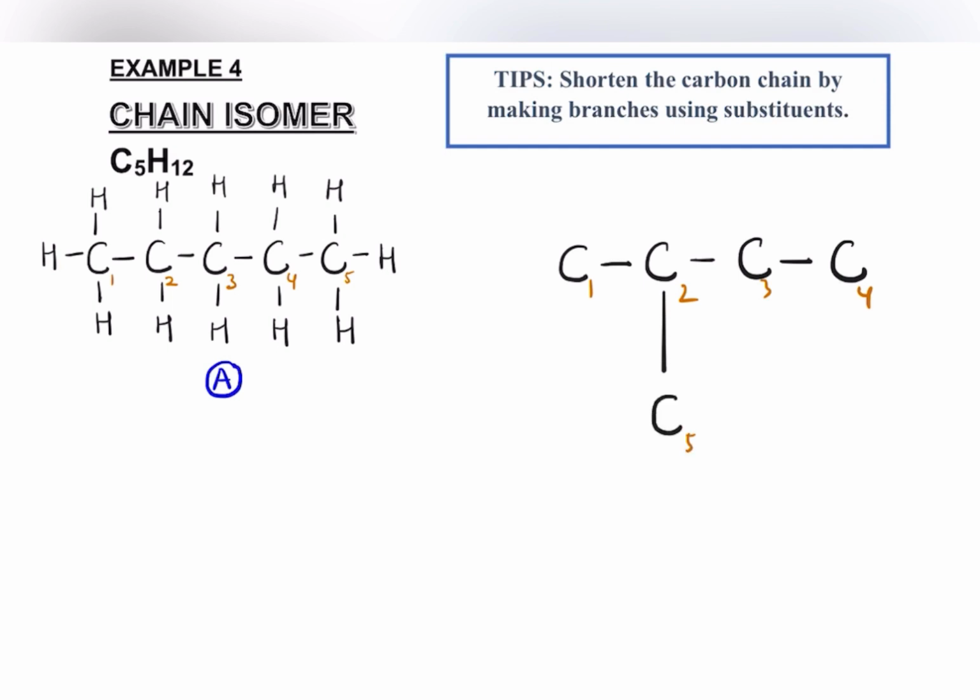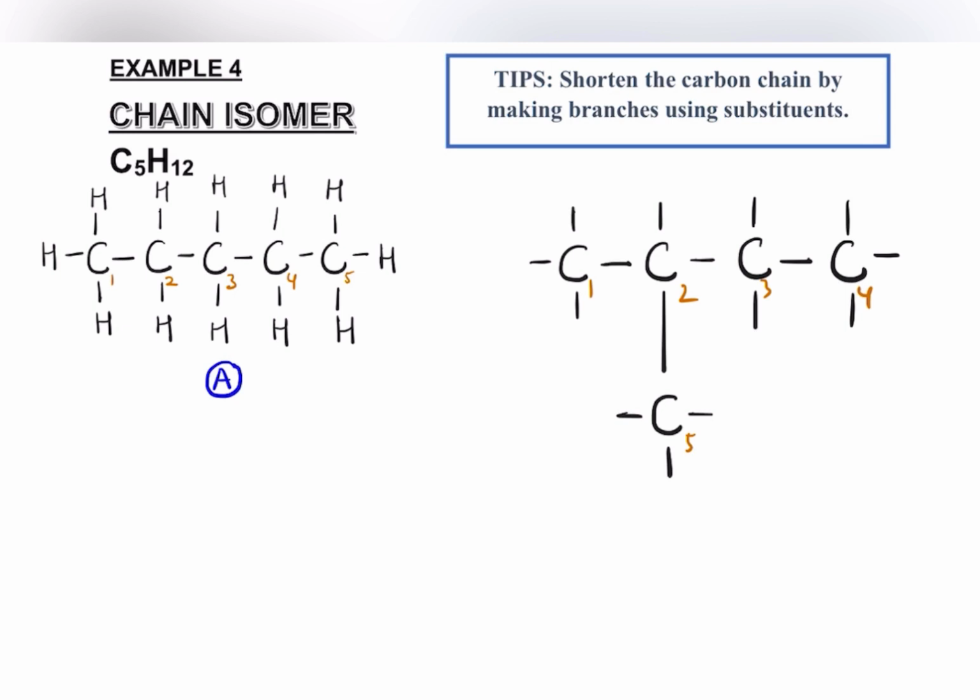What's next? Fill in all carbons with 4 covalent bonds. Let's start with the first carbon. I got 3 here and I got 1 here. 2, and I got 3 here, and I got 3 here as well. The rest will be attached to hydrogen.